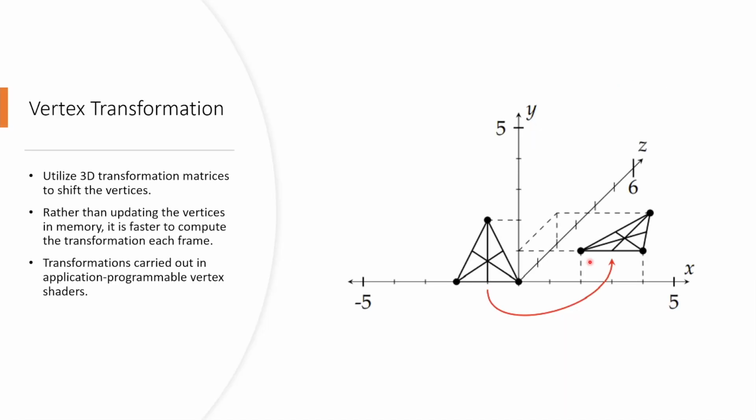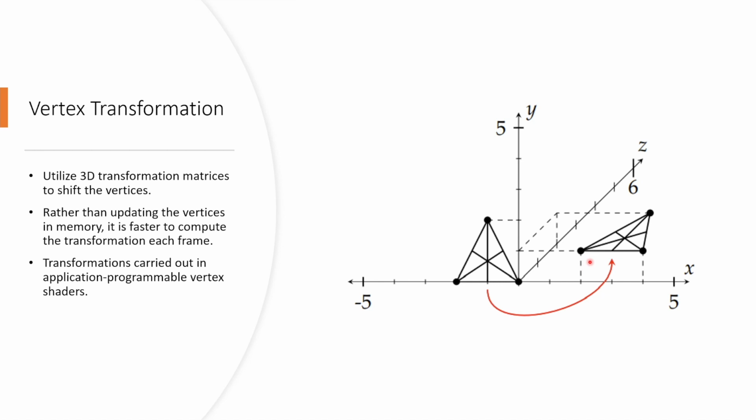These vertex transformations are done utilizing special transformation matrices. You have your basic operations of translation, where you shift the origin of the model, rotation, where you rotate about an axis, and scaling, where you enlarge or shrink the mesh.